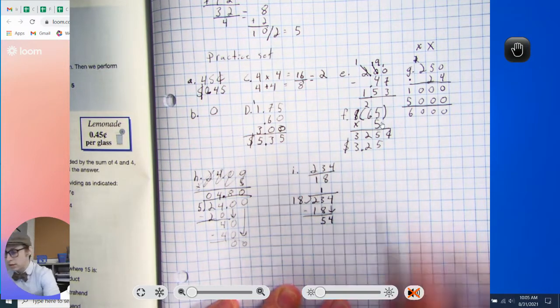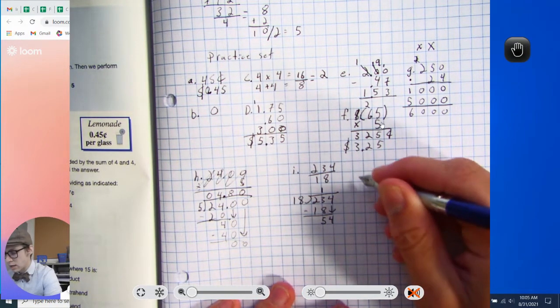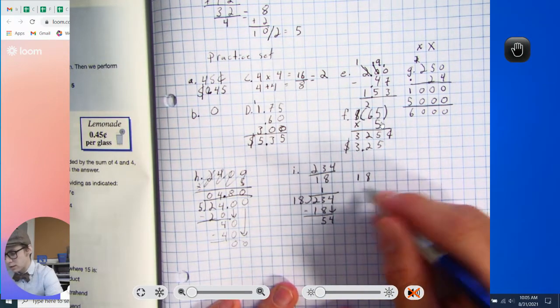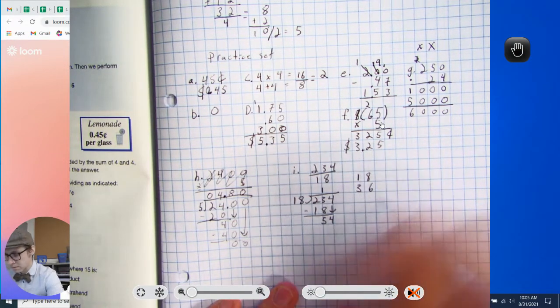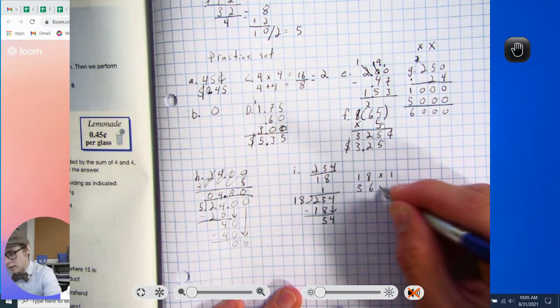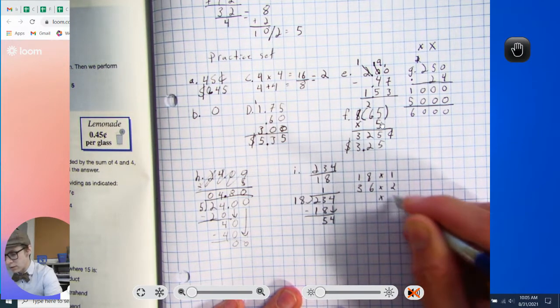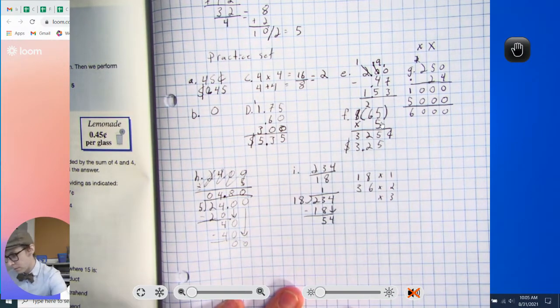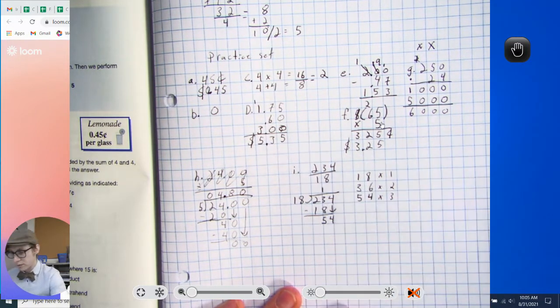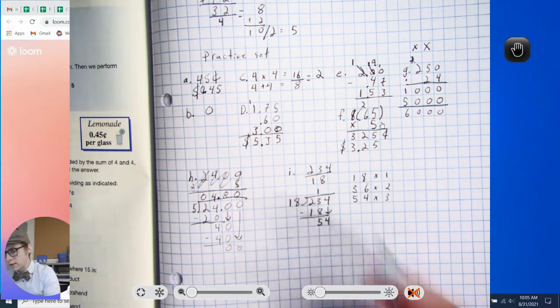So what I'm going to do is quickly take 18, double it to get 36, and then add another 18. So this would be 18 times 1, 18 times 2, and then we'll see what 18 times 3 is. 54. Perfect. So I did this in my head.